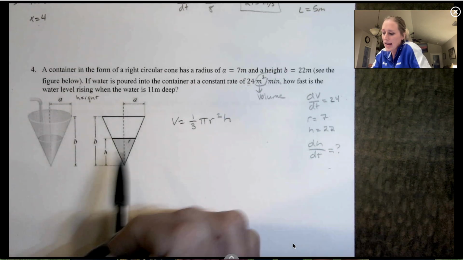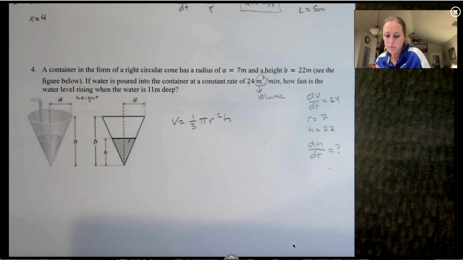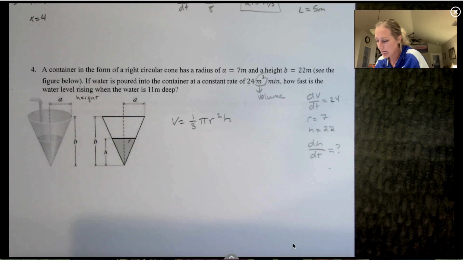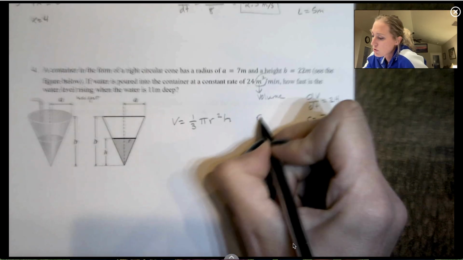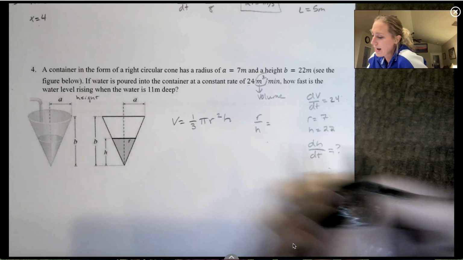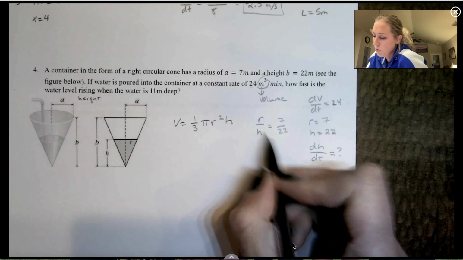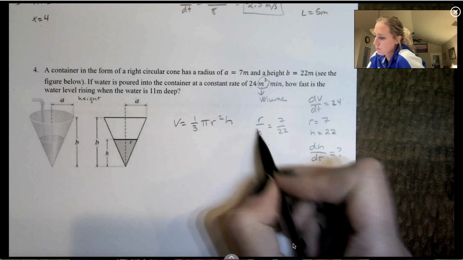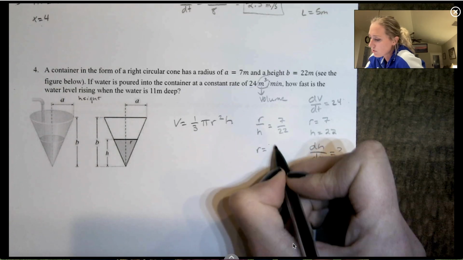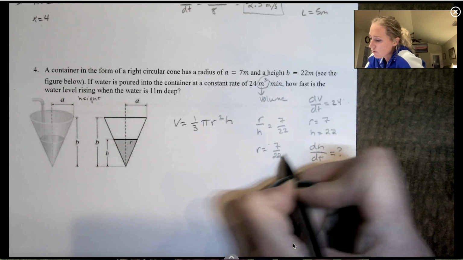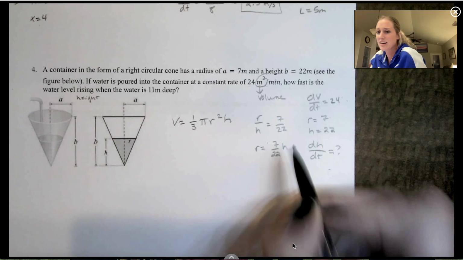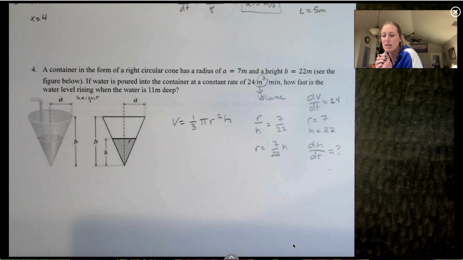Well, right now, we have a relationship between the radius and the height. If we were to divide the radius by the height, right now, that's 7/22, or I can also think about that if I multiply both sides by h, r is equal to 7/22 times h. So that's kind of the ratio in which I have to keep for this cone to maintain all the properties that it currently has.